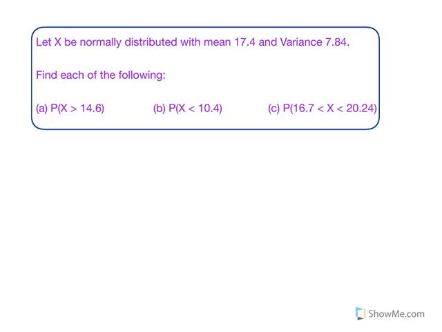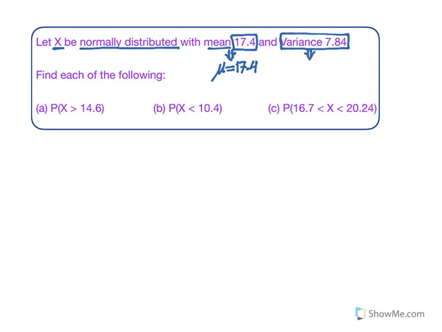Okay, in this question, we are given that x is a random variable that is normally distributed with mean 17.4. So this means immediately that the mean mu is 17.4 and variance 7.84.